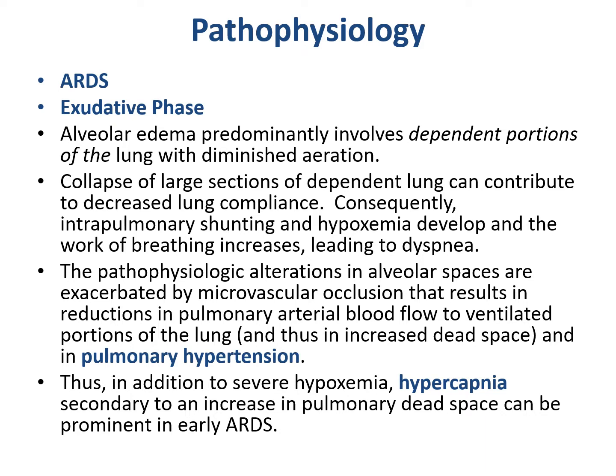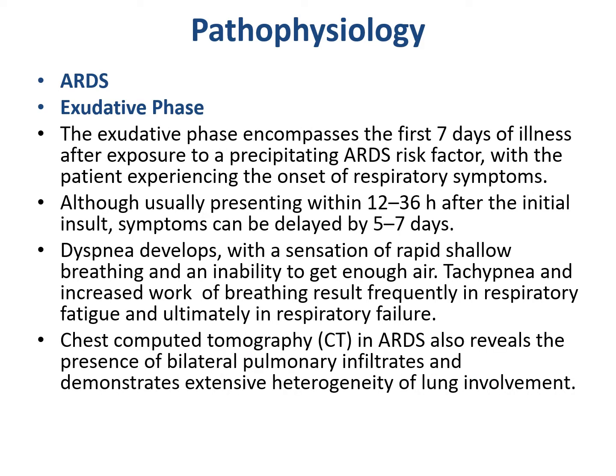The pathophysiologic alterations in alveolar spaces are exacerbated by microvascular occlusion that results in reductions in pulmonary arterial blood flow to ventilated portions of the lung and in pulmonary hypertension. Thus, in addition to severe hypoxemia, hypercapnia secondary to an increase in pulmonary dead space can be prominent in early RDS.